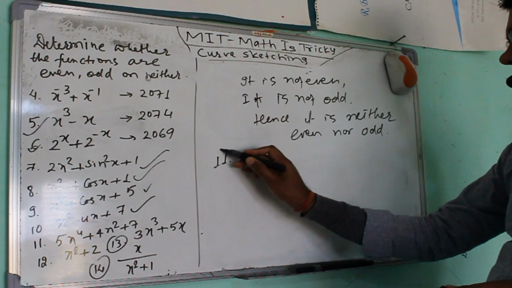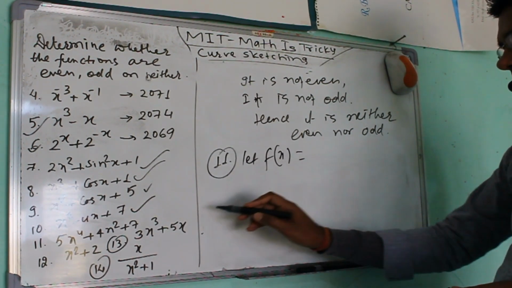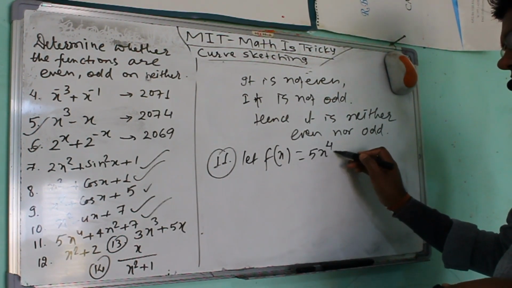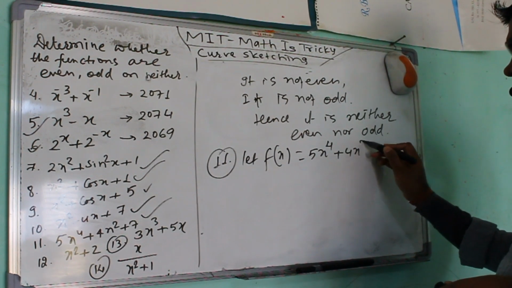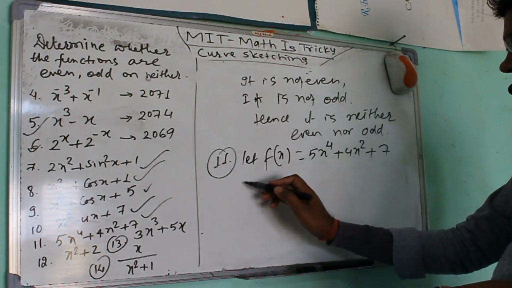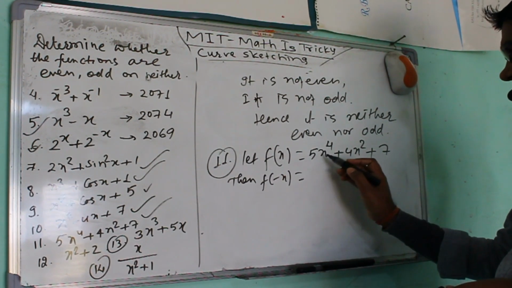Question number 11. Let f(x) equals 5x to the power 4 plus 4x squared plus 7. Then f(-x) will be how much?